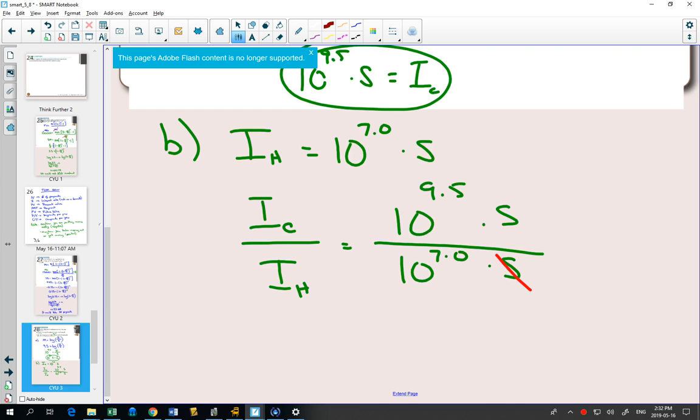They'd cancel out. And what exponent rule do you have when you're dividing and you have the same base? Subtract.